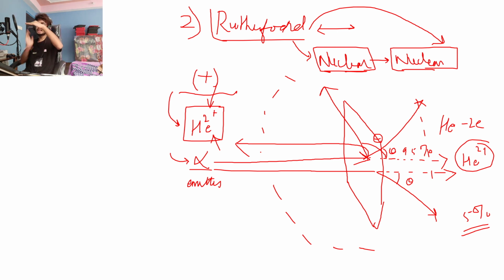They just went in, were completely deflected, and came back. This was a very small portion. So most of them went straight, some deflected at certain angles, and some even smaller portion completely rebounded back. This was the observation that Rutherford made in his experiment.